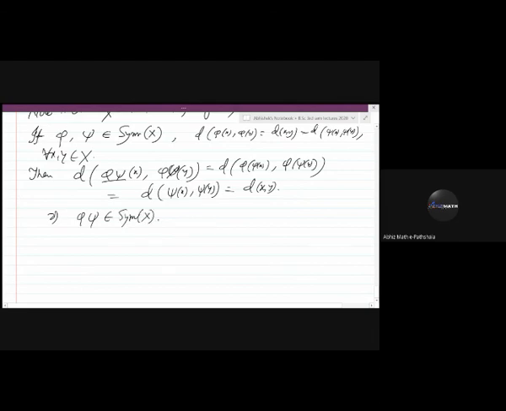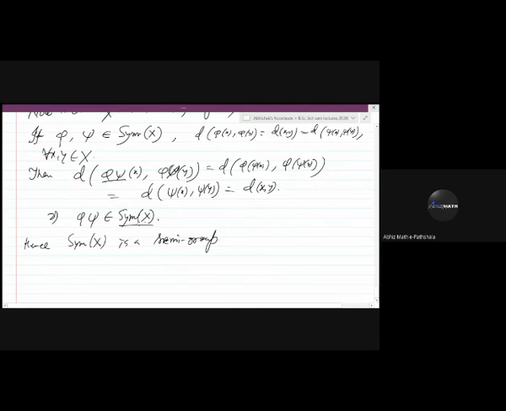So thus, Sym X is closed under the composition of mapping. And you can at once say that this is associative also. The composition defined on symmetries of X is associative. So hence, Sym X is a semigroup with respect to composition of maps.